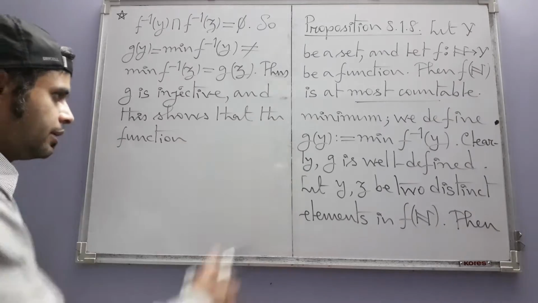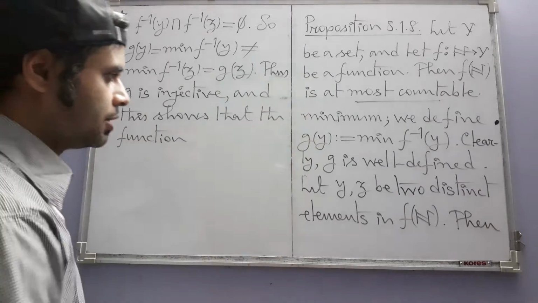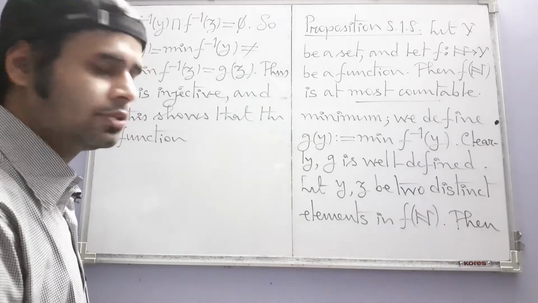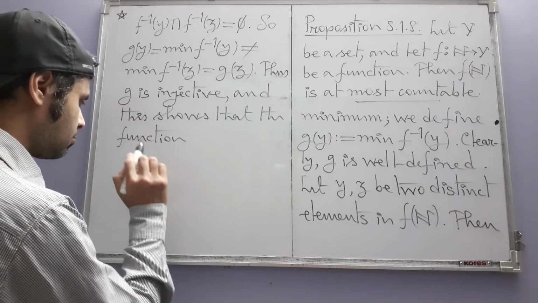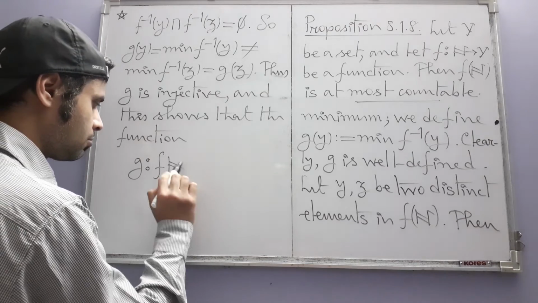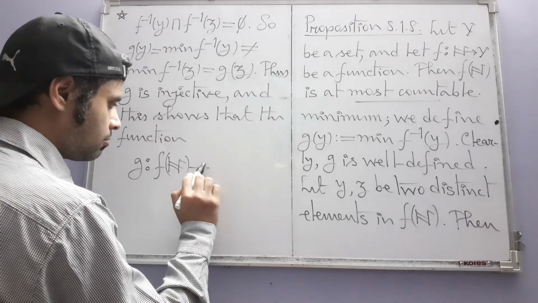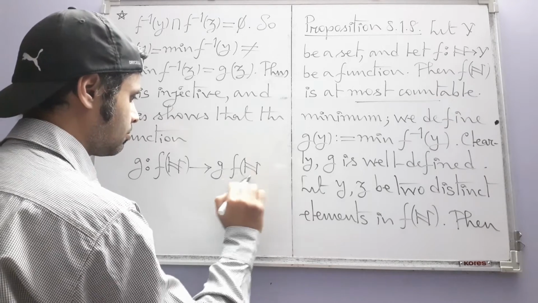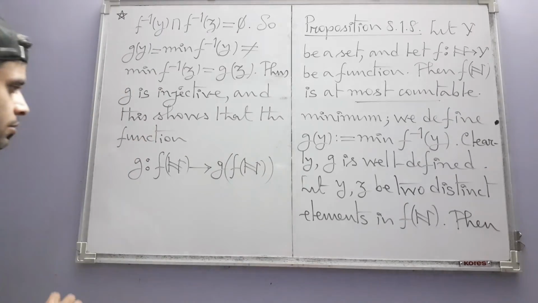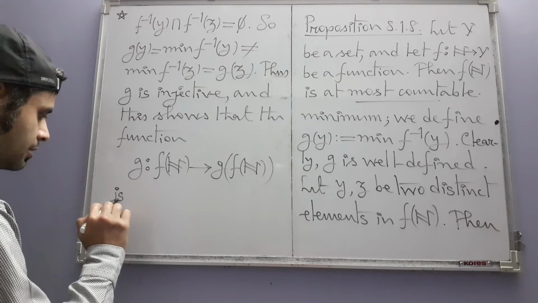Now if we replace n with the image of g itself, that is g of f of n, then g is a bijection.